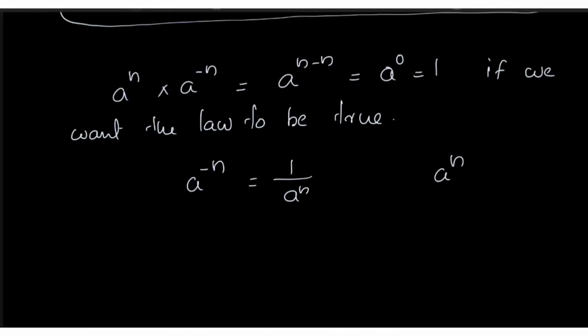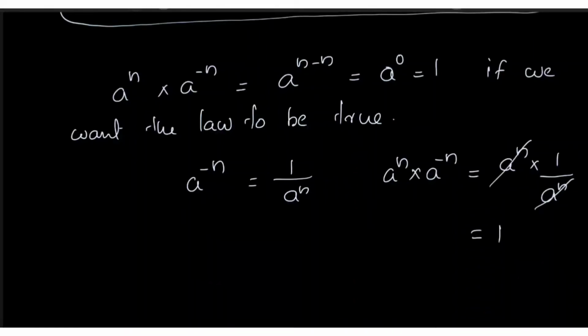That means a raised to n into a raised to minus n is equal to a raised to n into 1 by a raised to n. This is proved only when a raised to minus n is equal to 1 by a raised to n. Then only these two cancel each other out and we get 1.